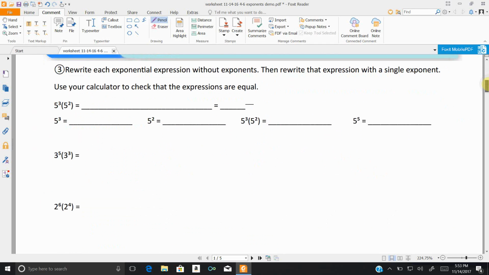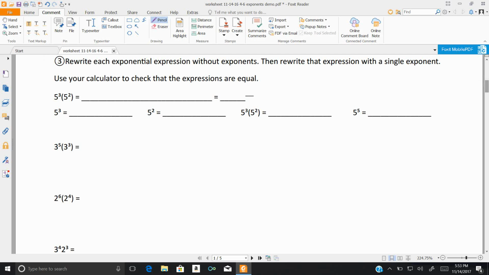Then we went on to our classwork, where we were rewriting exponential expressions to see what conclusions we can draw. The first one was the exercise where we multiply 2 exponential expressions together. So 5 to the third power is an exponential expression.